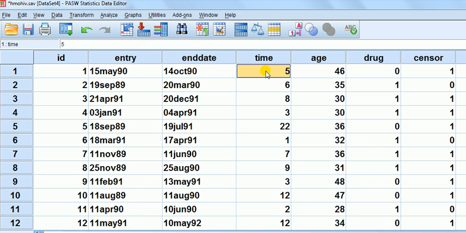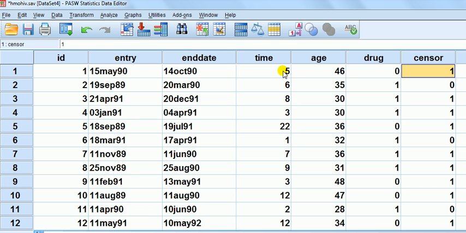How do we know whether they died or not? Whether time represents the time of actual death? The censoring variable. So this particular model allows for censoring. And censoring is a categorical variable. It's coded 1 and 0. Yes or no.